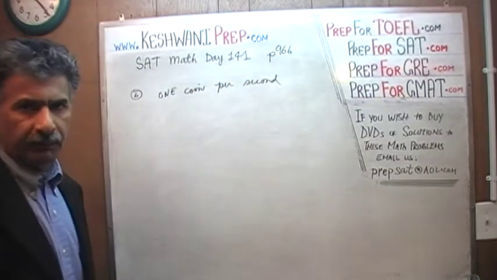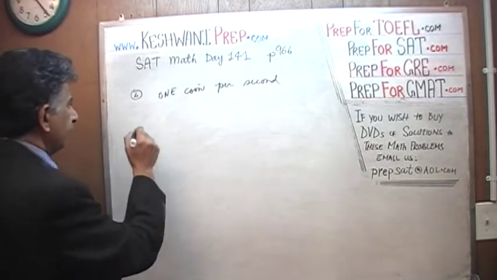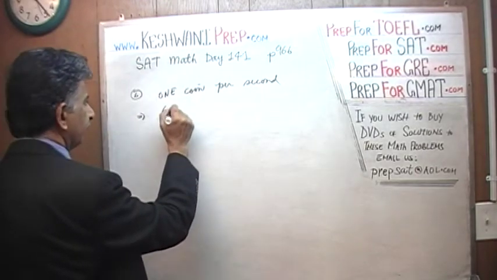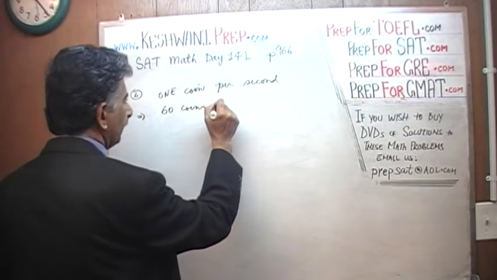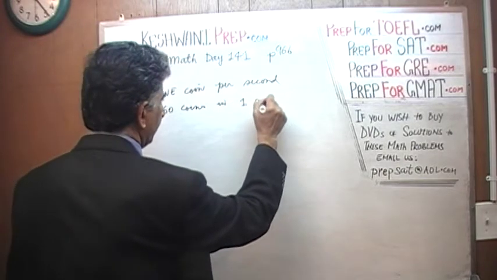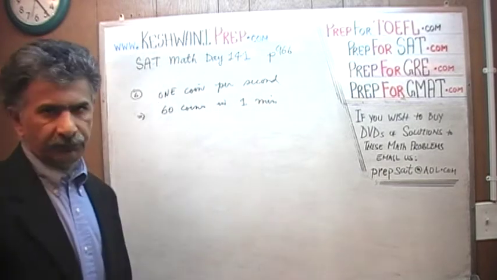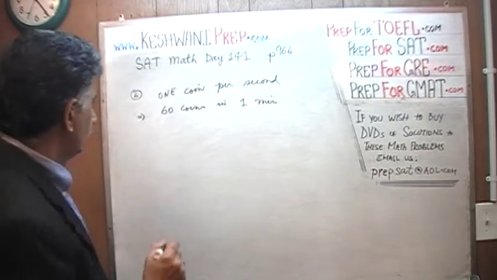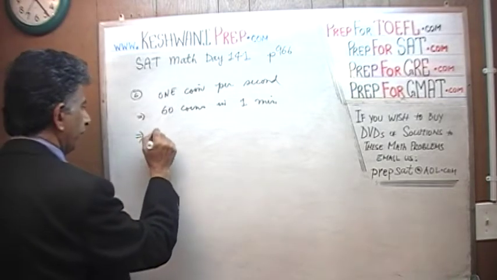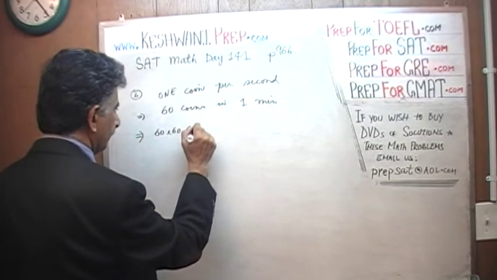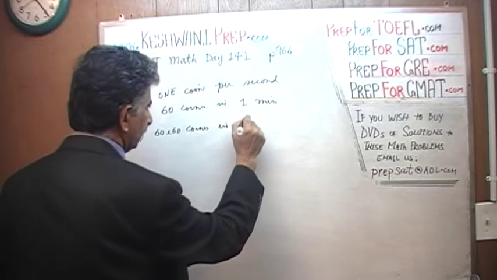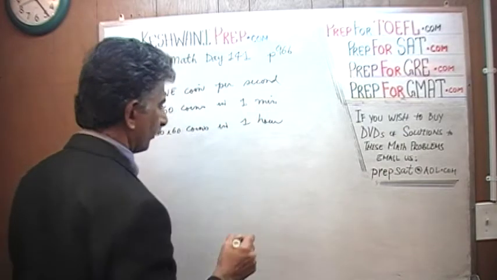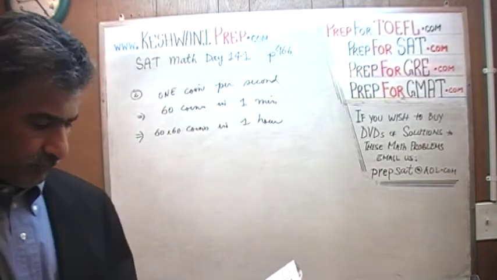Well, if it makes 1 coin per second, that implies that it must make 60 coins in 1 minute, because there are 60 seconds in a minute. It also implies that it will make 60 times 60 coins in 1 hour, because there are 60 minutes in an hour. Let's see what they're looking for.